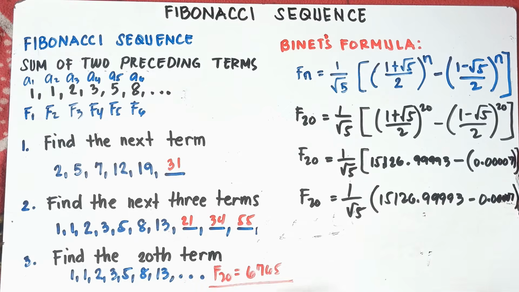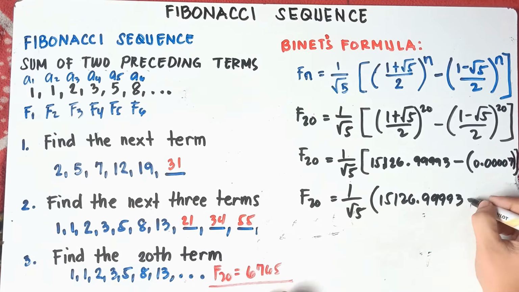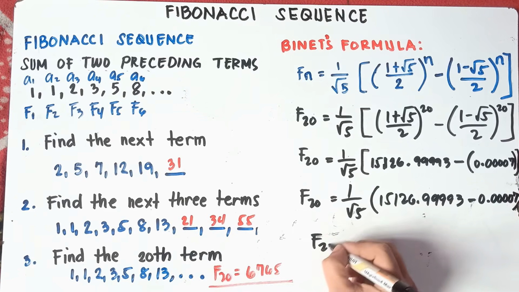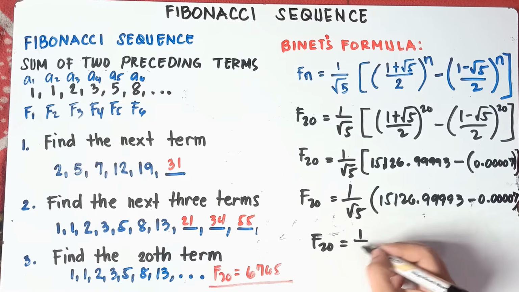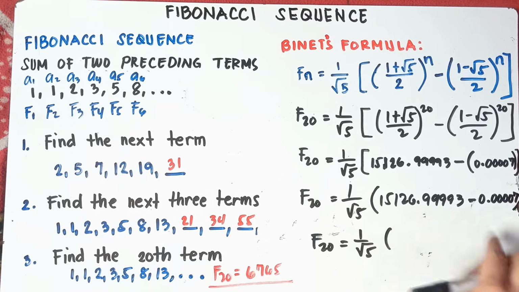Alright, I hope you see this one, class. Let me just write it. Minus 0.00007. And then this will be f sub 20 equals 1 over square root of 5. Then you subtract this one.